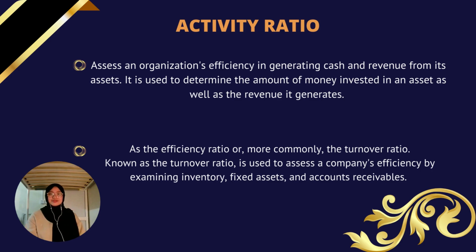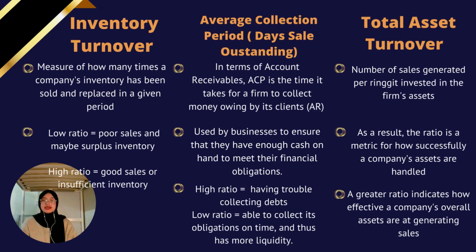Inventory turnover is a measure of how many times a company's inventory has been sold and replaced in a given period. A low ratio indicates poor sales and maybe surplus inventory, whereas a high ratio indicates good sales or insufficient inventory.